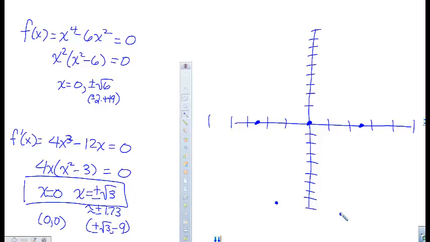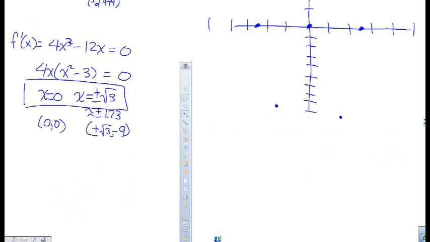So the next thing we want to know is, are these things relative maxes or relative mins? So I'm going to look at my second derivative. And why didn't we care about the positive 1.7? Well, we did plus and minus square root 3.